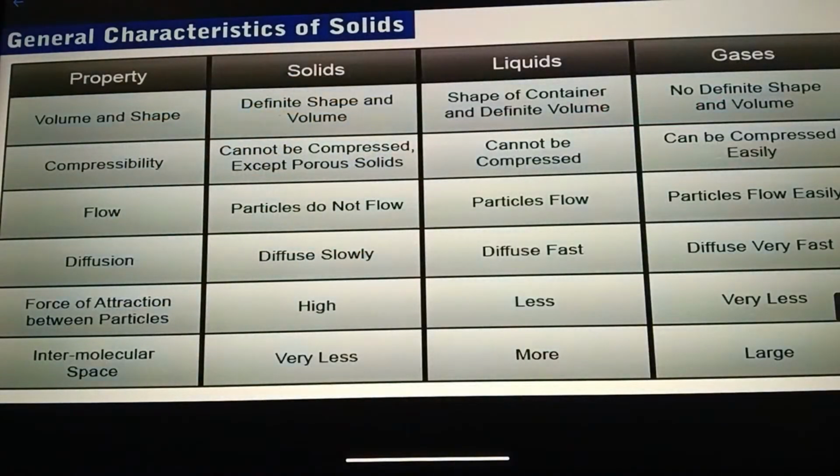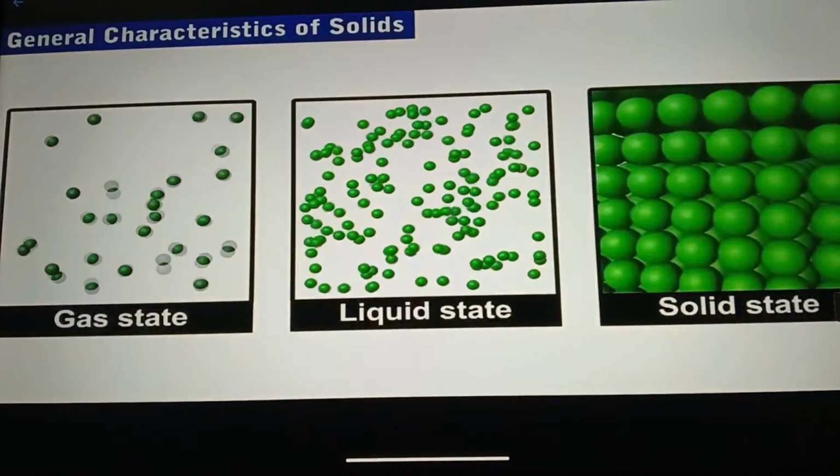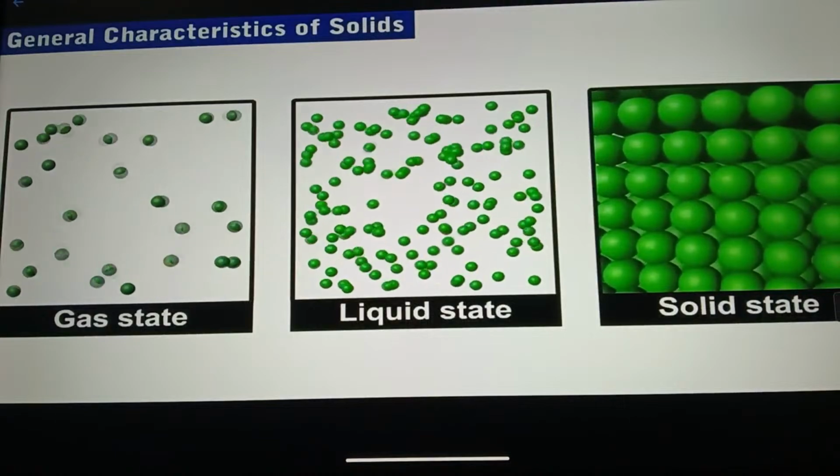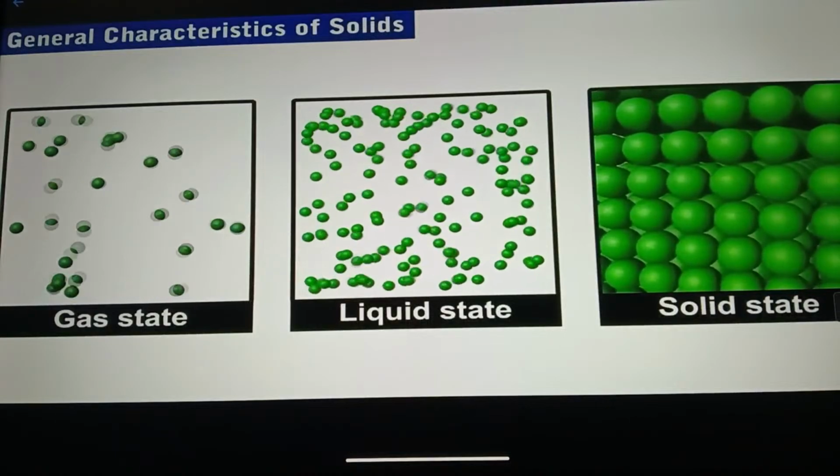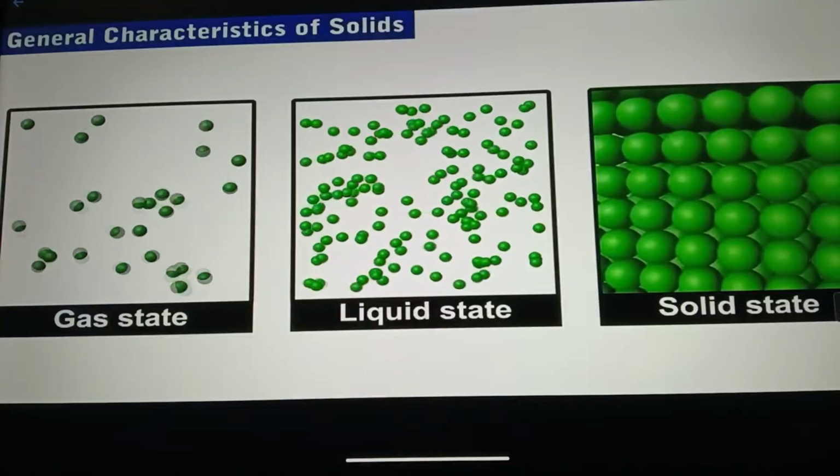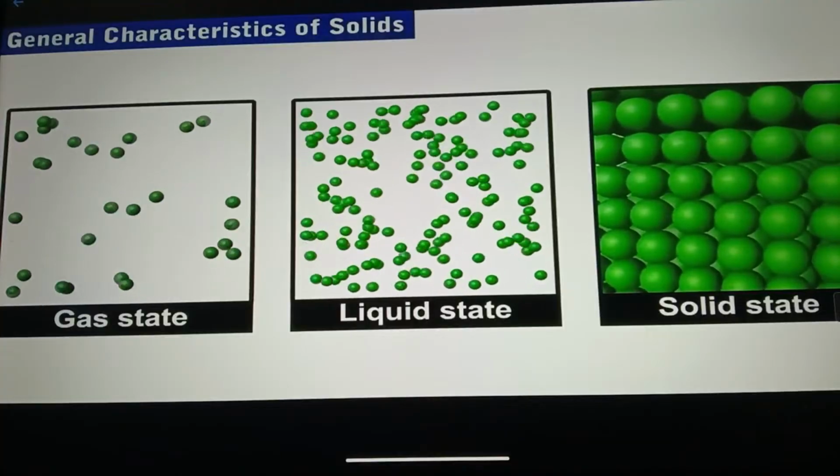In general, the distinct properties of the three different states can be attributed to the arrangement of the constituent particles. In other words, any change in the arrangement of these constituent particles changes the physical state of a substance.